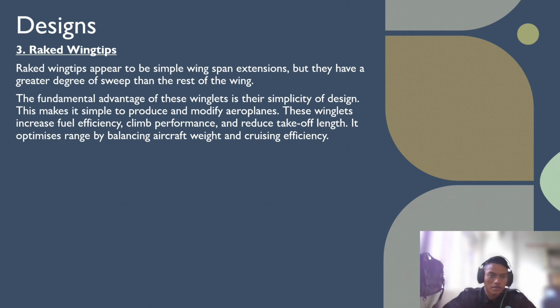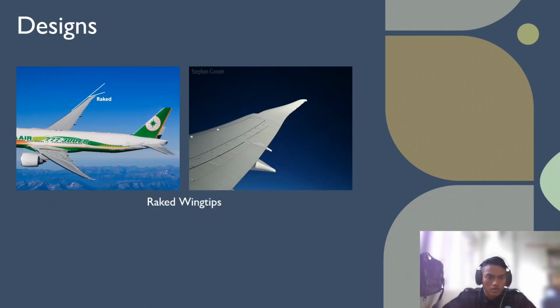Next design is raked wingtips. Raked wingtips appear to be a simple wingspan extension, but they have a greater degree of sweep than the rest of the wing. So we can see the raked winglet here.